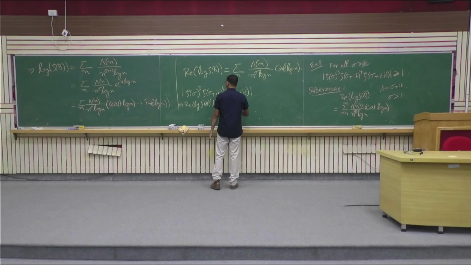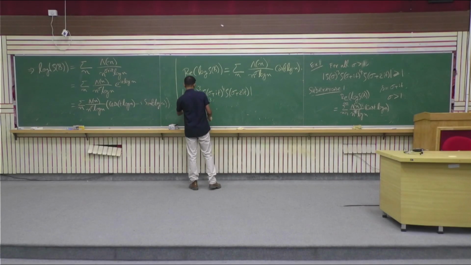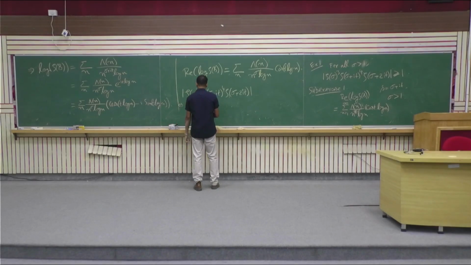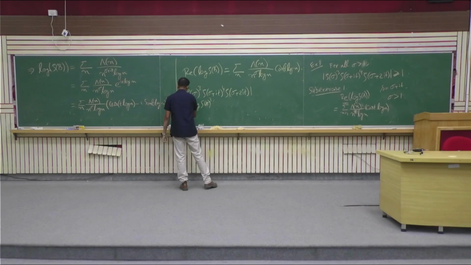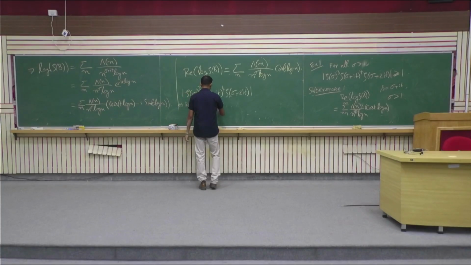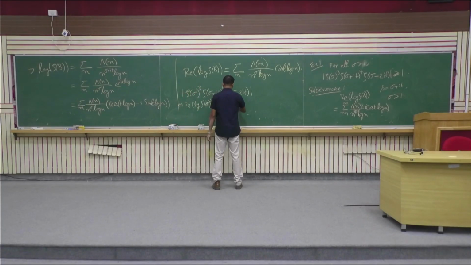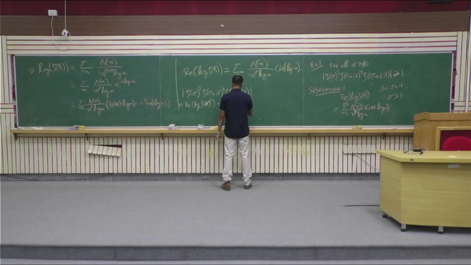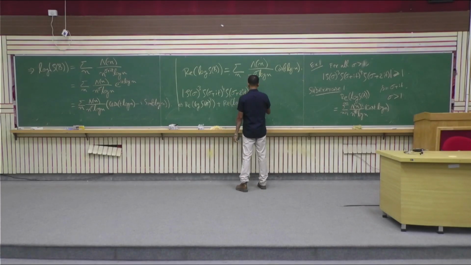and wait a minute, it is a product, right? So there should be a sum: real part of this plus real part of log of zeta of sigma plus it, whole power 4.